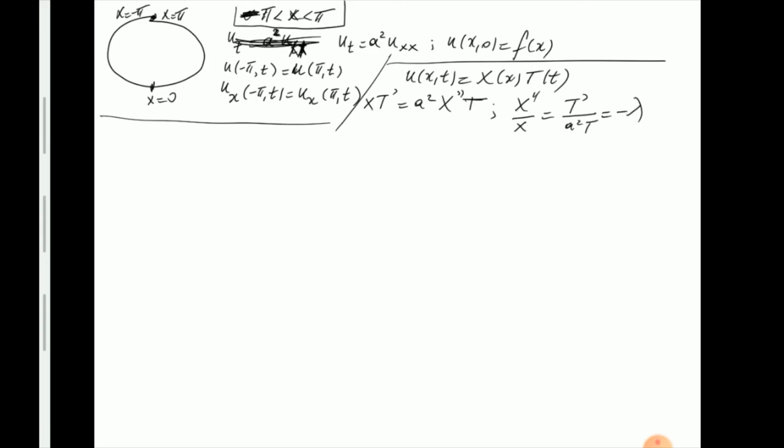Now let's see what the boundary conditions become.